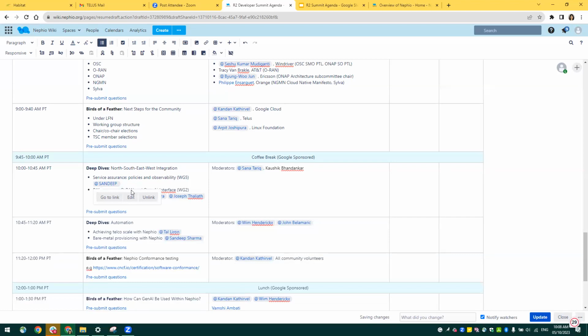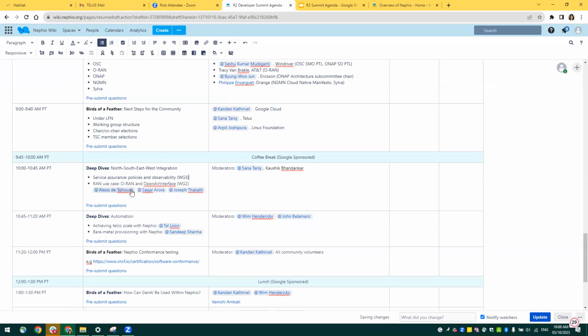Stephen will be, as far as I know, actually, I don't know. We are working on observability for quite a bit of time, and we have presented in our Slack channel, and Vim and all those things have reviewed that. And observability is the core of our service assurance, right?